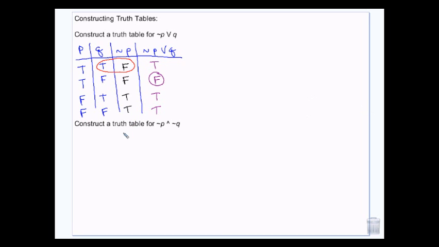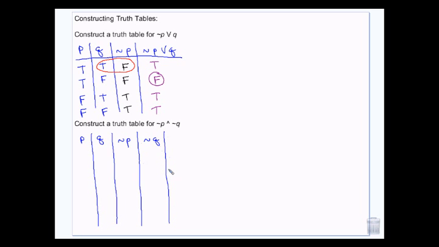Okay, so if I have not P and not Q, my basic letters are P and Q. And then I need a not P column, a not Q column, and then my conjunction column.